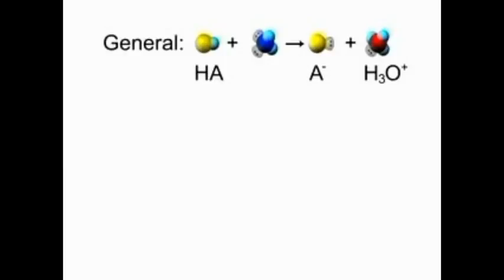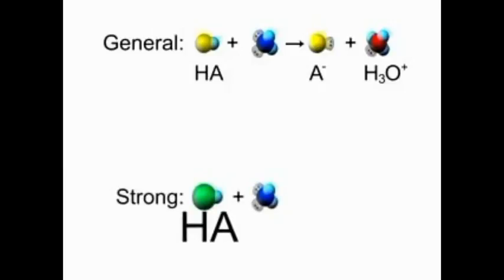Dissociation into ions means that when an acid, HA, dissolves in water, it transfers a proton to one of the water's lone electron pairs, and the acid anion, A-, and a hydronium ion, H3O+, form. The color change of the water oxygen will make it easier to follow in solution later.